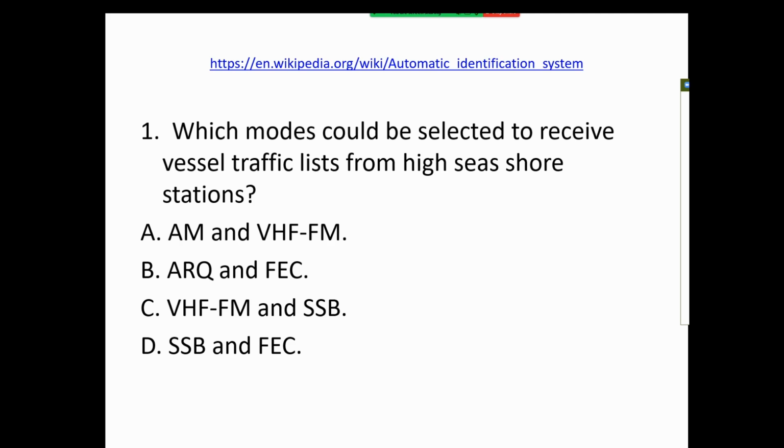They are going to transmit these lists at a certain time every few hours, and it's going to be a list of those ships or call signs that they have traffic for, that they have messages for. Now, what mode would you select on your transceiver in order to receive those lists?